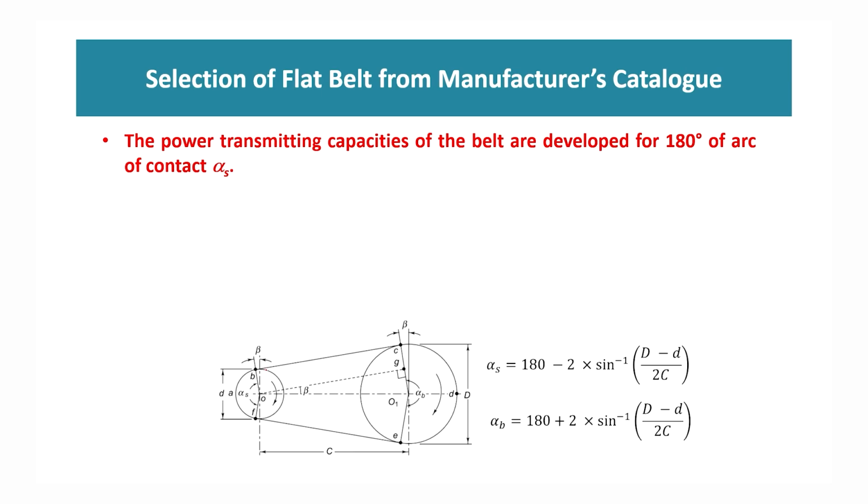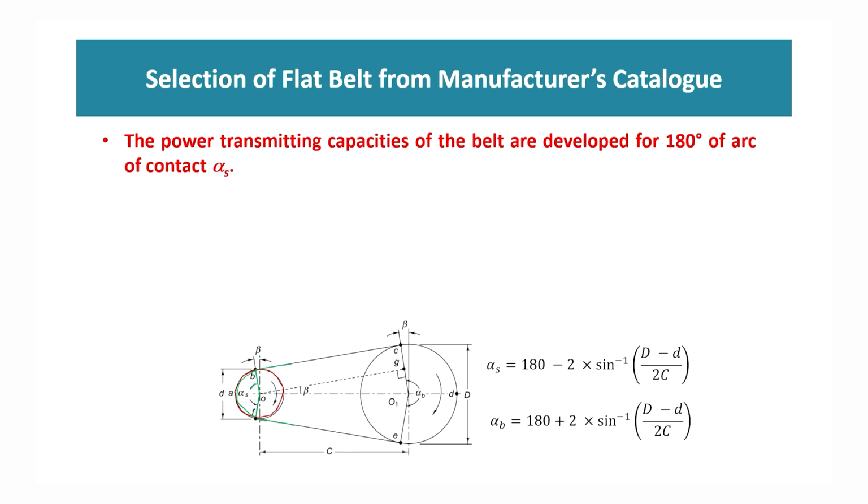That means if we take the driving pulley as this one, then the belt which touches the surface of the driving pulley is from this end to this one, and thereafter from this dot it leaves the surface of the driving pulley, and at this dot it leaves the surface of the driving pulley.